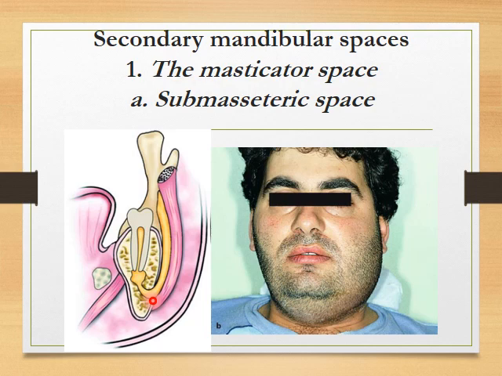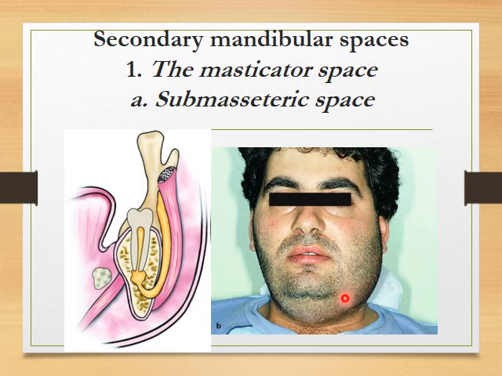Signs and symptoms. How will the patient present? The masseter muscle will become inflamed and swollen. The patient will have moderate to severe trismus, inability to open the mouth, due to the involvement of the masseter muscle. This is the swelling that the patient comes with.